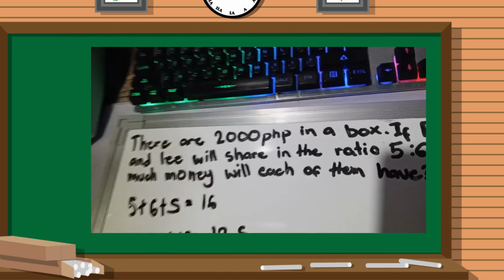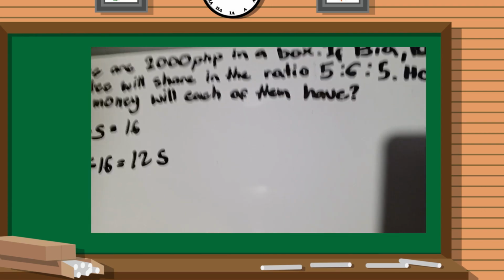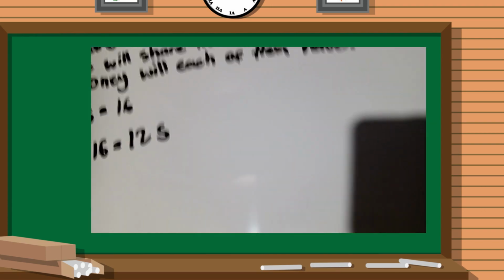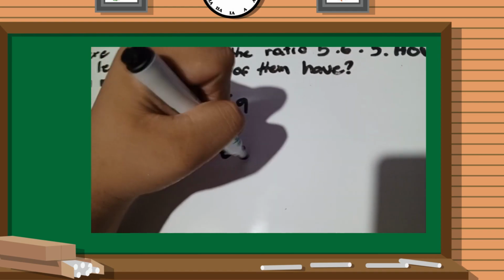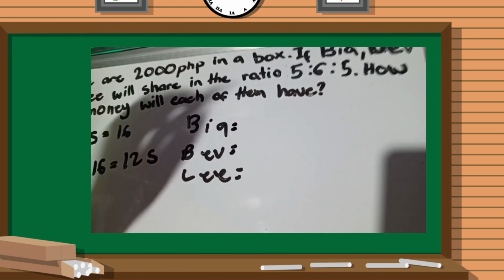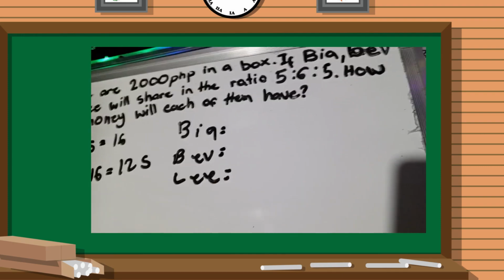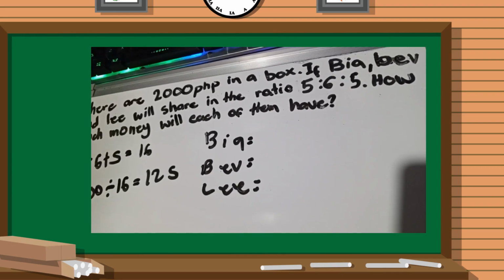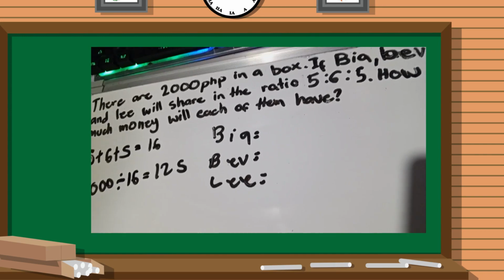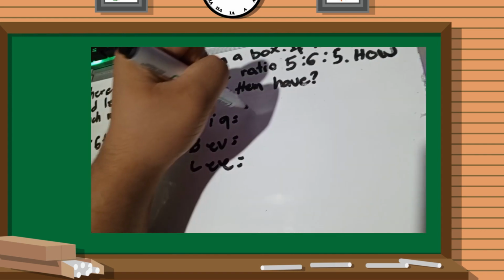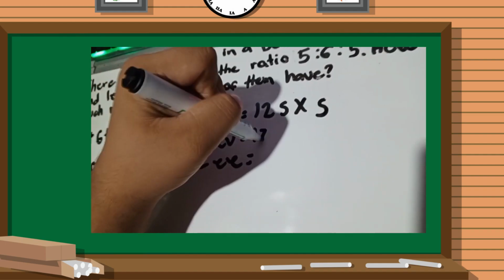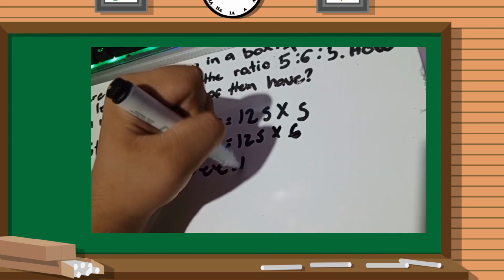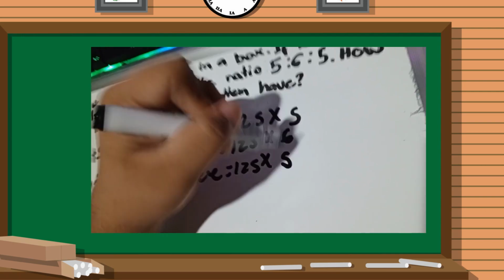So how are we gonna do that? First, let's list down all of the people that will share. It's gonna be Bia, Bev, and Lee. So what we're gonna do is we will multiply the quantity by the quotient. So 125 multiplied by 5, 125 multiplied by 6, and 125 multiplied by 5.